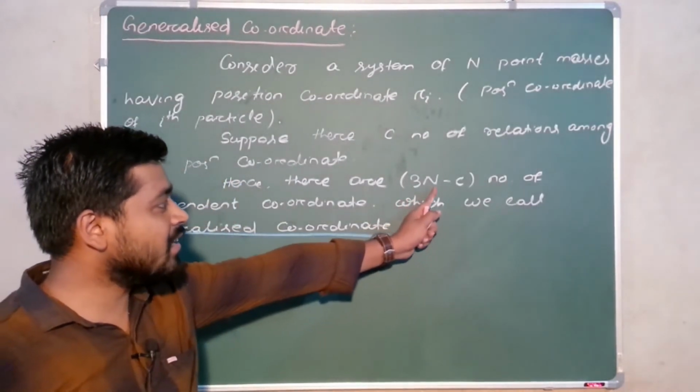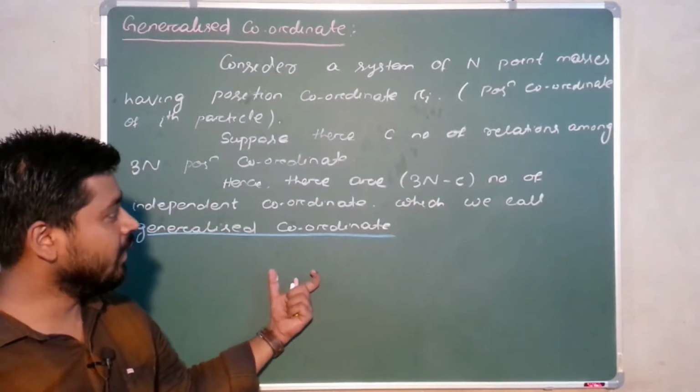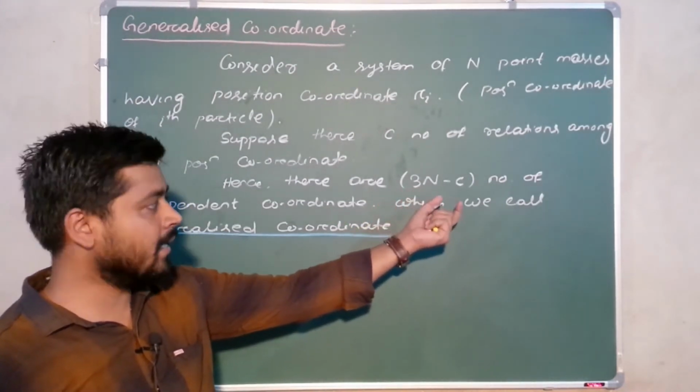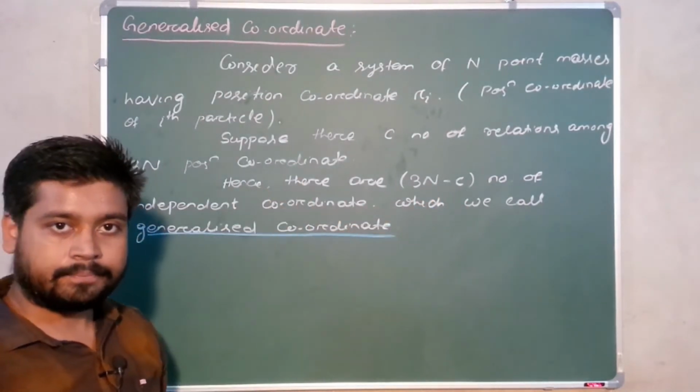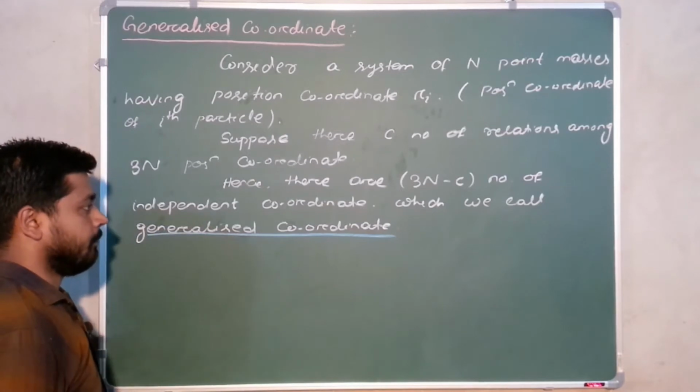There are 3n minus C number of generalized coordinates if we have the dimension 3n and C number of relations among the 3n position coordinates. Yes or no? This is the generalized coordinate.